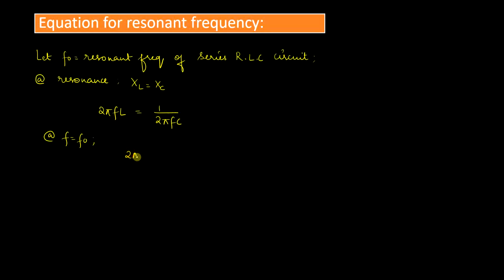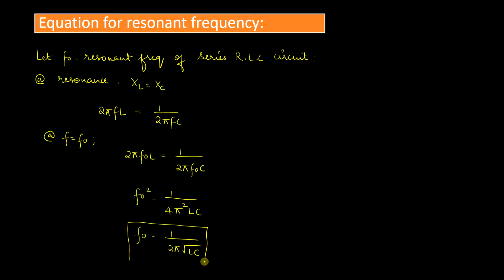So 2 pi F0 L equal to 1 by 2 pi F0 C. I can write this as F0 square equal to 1 by 4 pi square L into C, and let me take the square root of this. This will become 1 by 2 pi square root of L into C. So this is the expression, and the unit is Hertz.